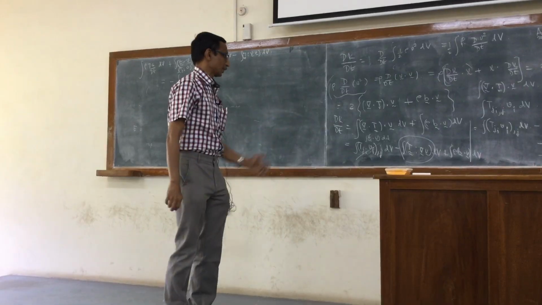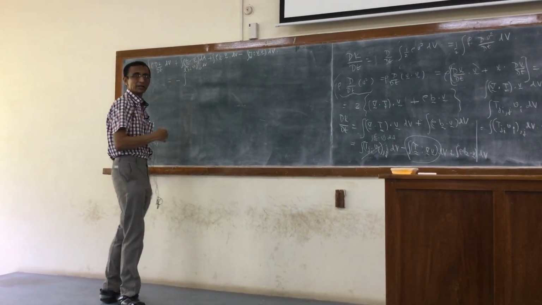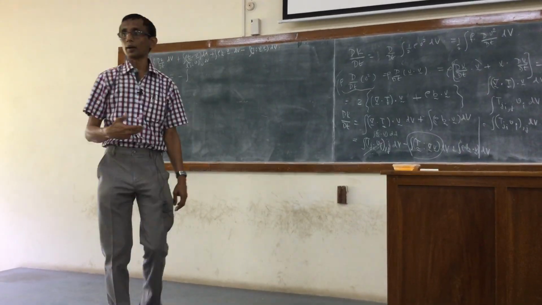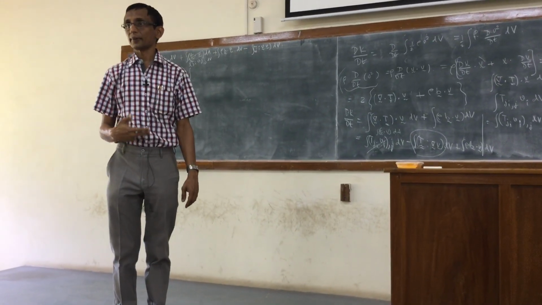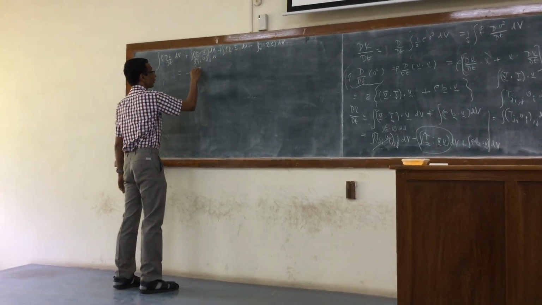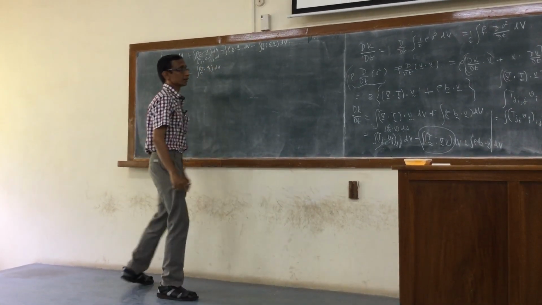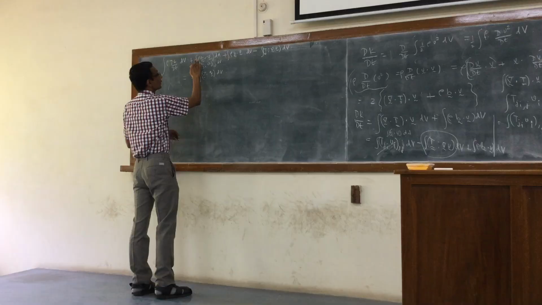Both are equal as we have seen. So minus, because I also finally want the modified local energy balance, right? So it is better to keep them as volume integrals. I'll write it like this.